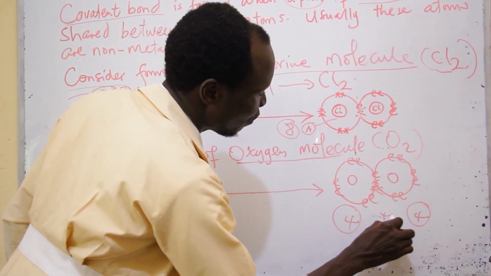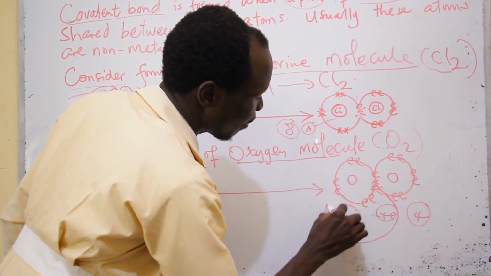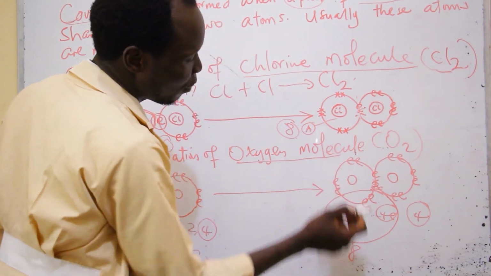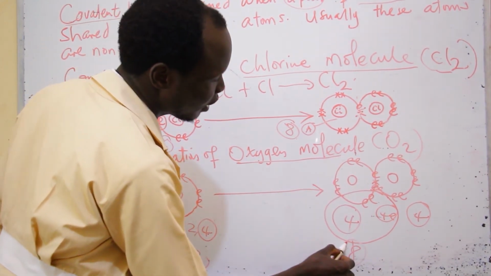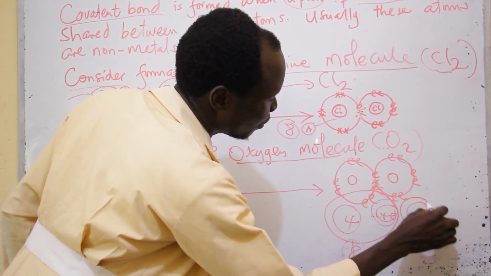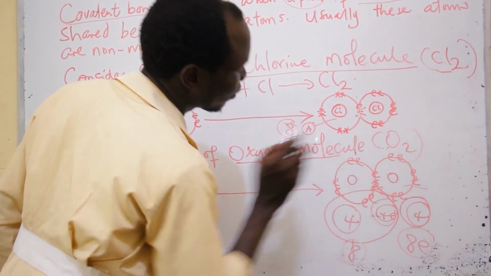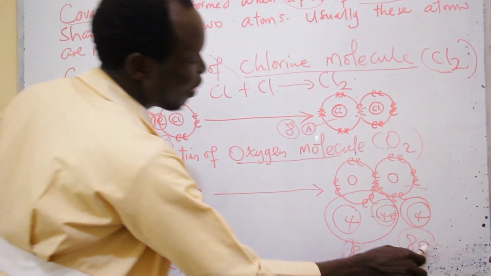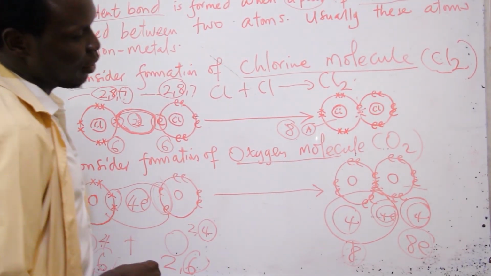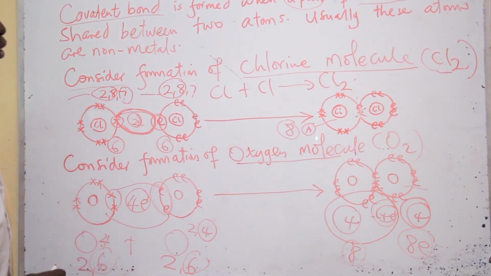Here you have 4 electrons which are contributed, and as they are shared, this one covers up for this, making a total of 8. The atom attains the noble gas structure. Even these same 4 electrons are contributed and shared with this one, making a total of 8 electrons in the outermost for this oxygen. It then appears like the noble gas structure. So this is about covalent bonding.